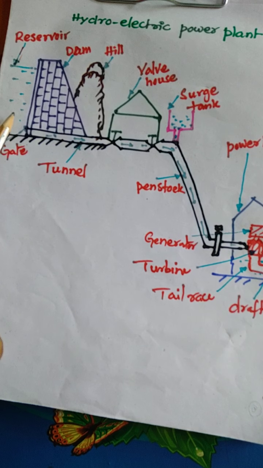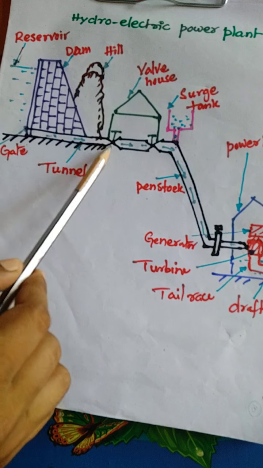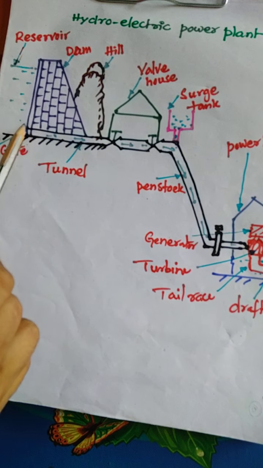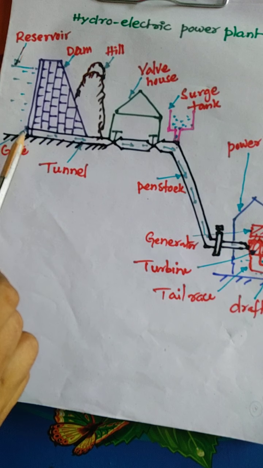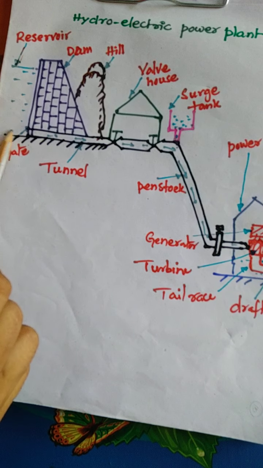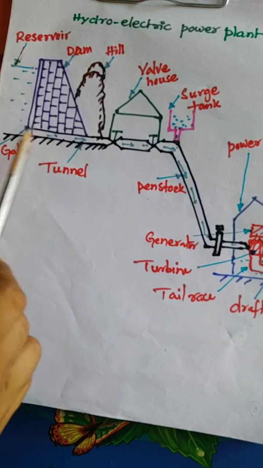And water is supplied through the tunnel. This is the gate to the dam, and whenever the gate is opened or closed, the water is regulated into the tunnel portion.